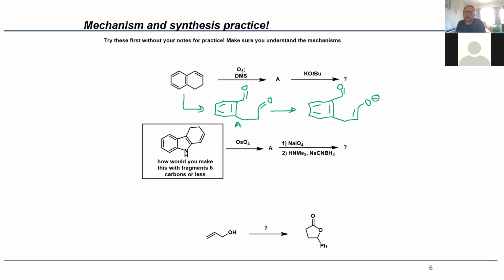Which can now, like we learned for the last exam, undergo an aldol reaction. This would form a 5-membered ring, right? 1, 2, 3, 4, 5.